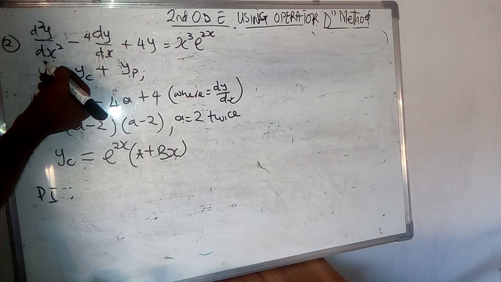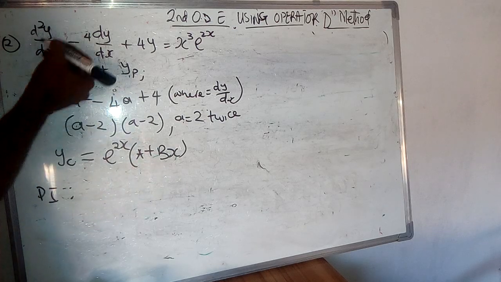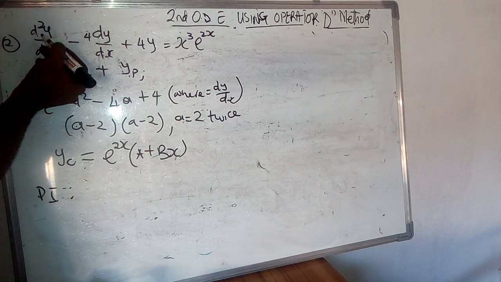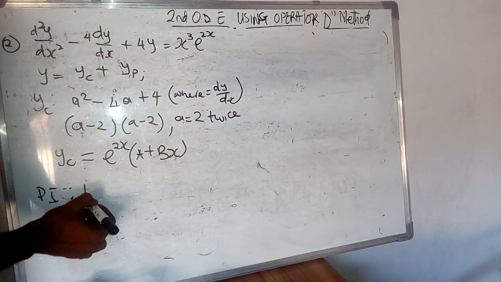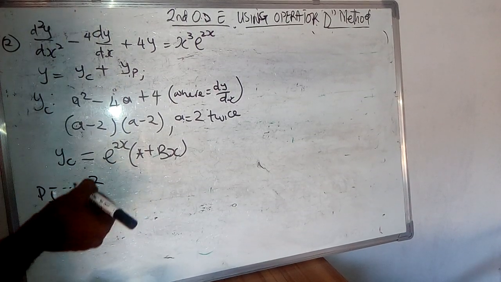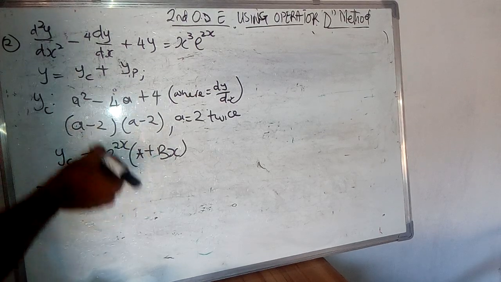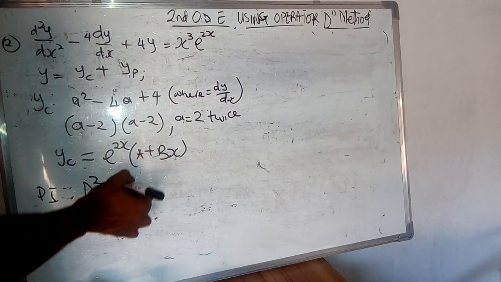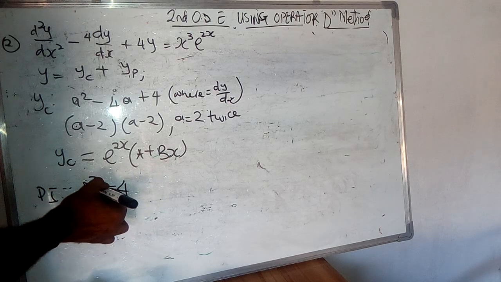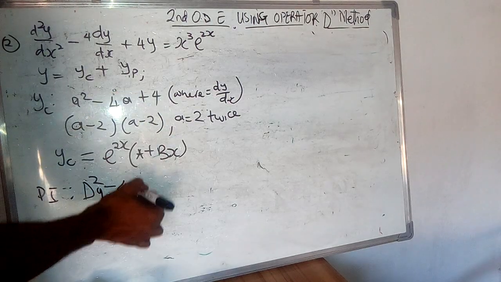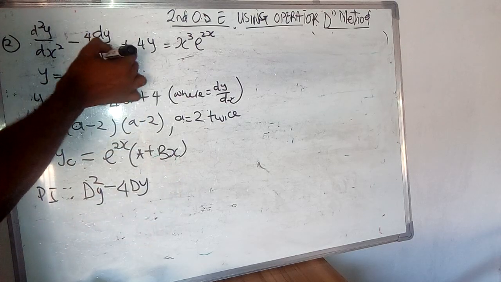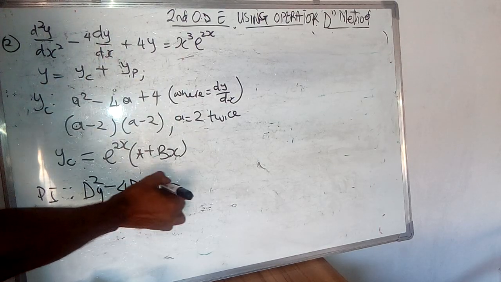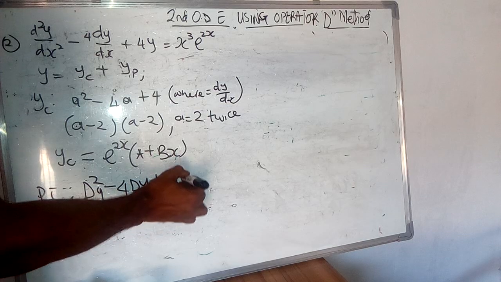The d squared y over dx squared will be replaced with d squared, minus 4 dy, this for this, plus 4y.